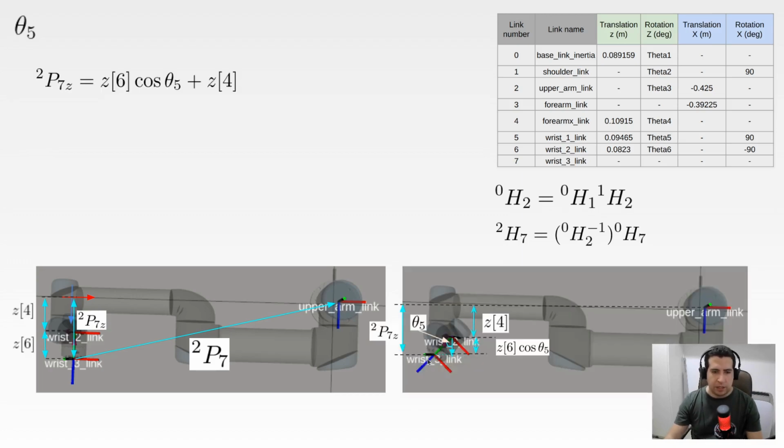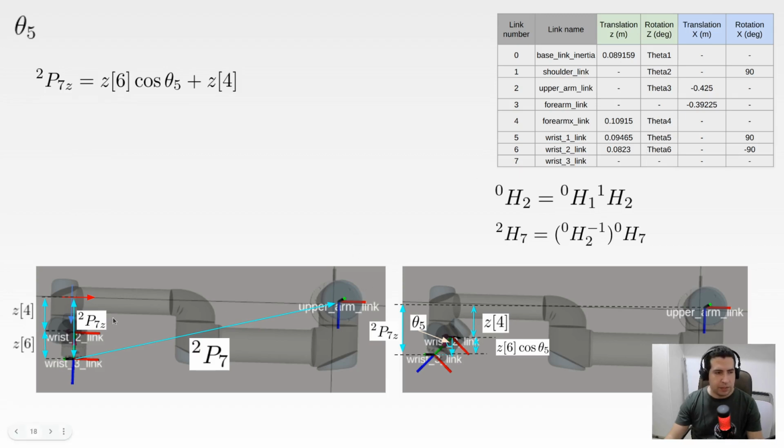So we have this component, the position of the wrist 3 link with respect to the upper arm link in the z direction, and we need to find some other correspondence of this distance using the parameters of this table.